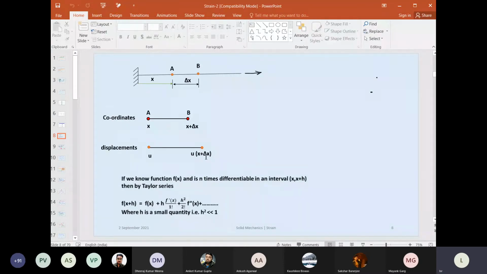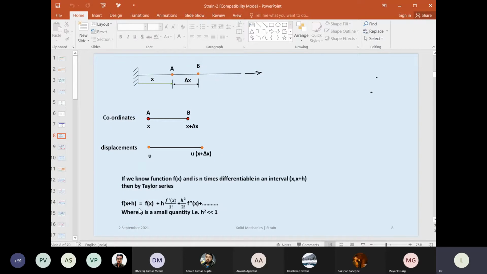I can substitute x plus delta x and evaluate the deformation at this point, B dash, let us say. This is A dash, and A has gone to A dash. That means it has slightly moved away from the fixed end. B will move slightly more away from the fixed end because it is much farther from it.